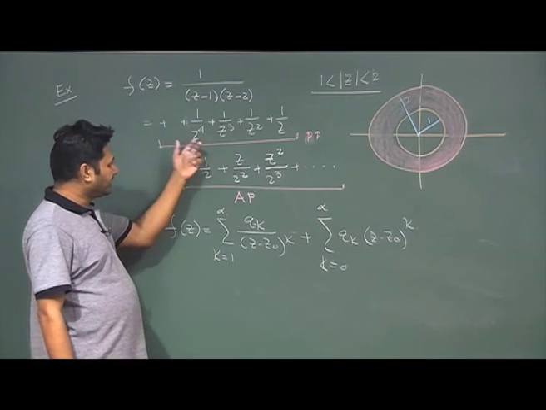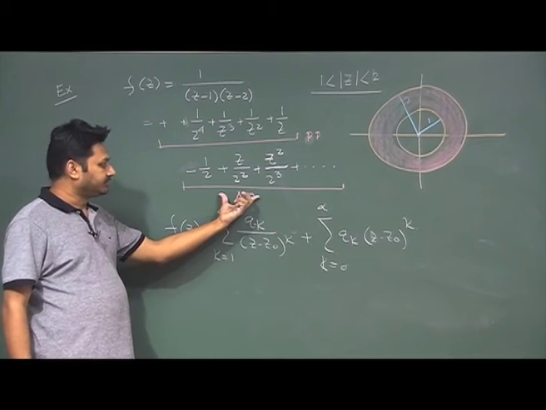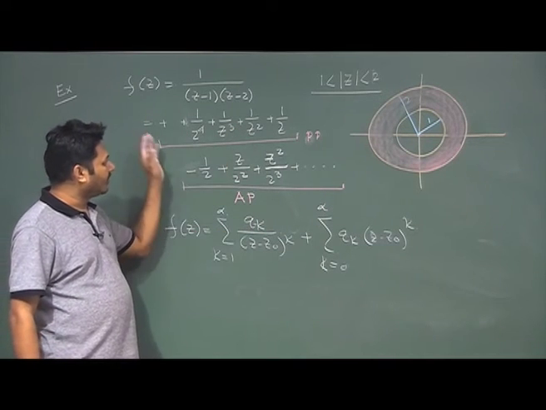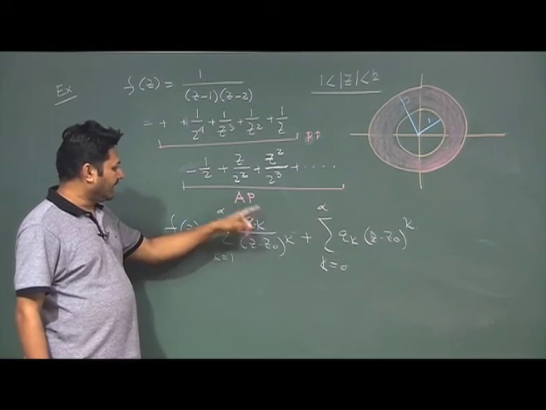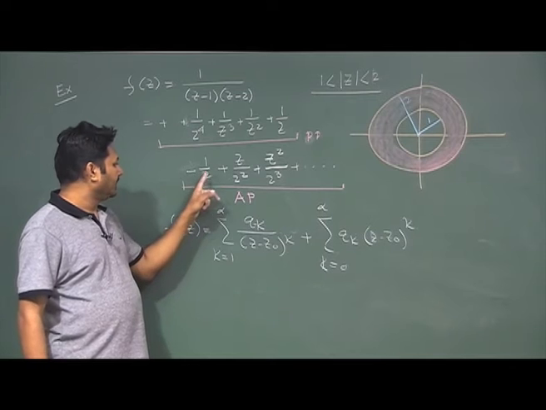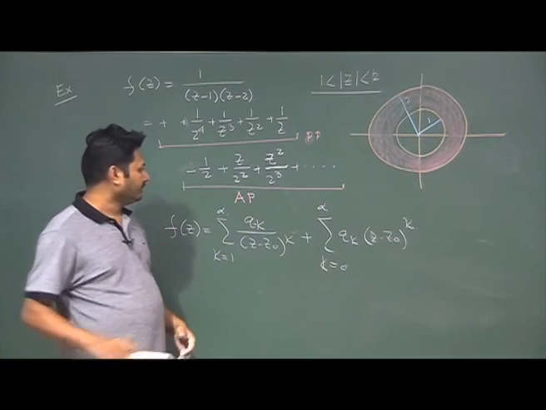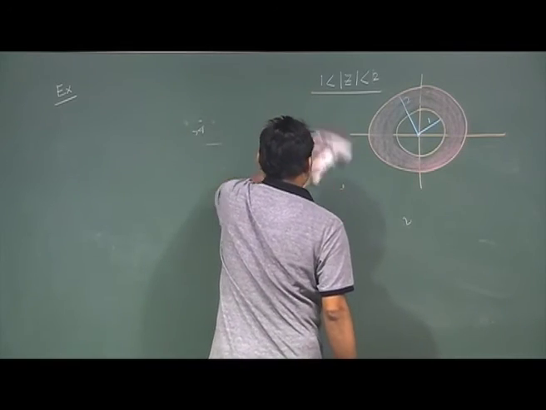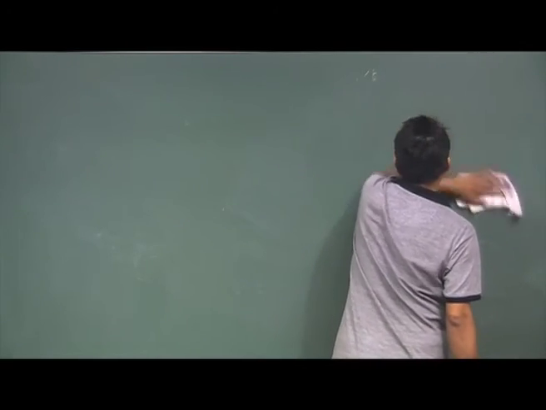Based on that condition, if I expand, I find the principal part, that means this part here, and the analytic part, that is this one, where my a0 is nothing but minus of half, and the a minus k all turn out to be 1, and ak comes out to be minus half for a0, and the first one is 1 by 4, then 1 by 8 and so on. Okay. So, this is a very straightforward example of how to expand a given function in terms of Laurent series when the region is given to you.